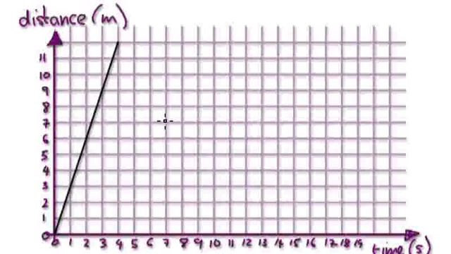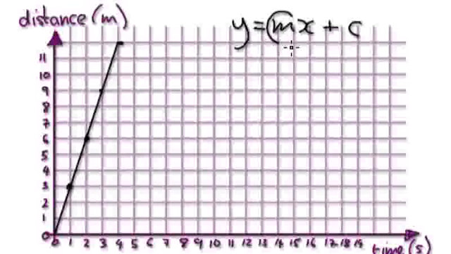You are given this distance time graph. Immediately you know that this is a straight line, so inside your mind you should think y equals mx plus c. Now the gradient here actually represents speed. So when you're given the distance time graph, if you look at the gradient, it represents the speed.